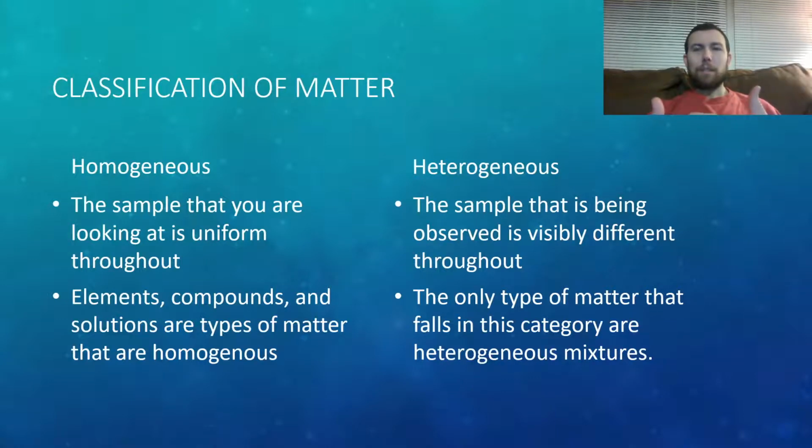The salad was heterogeneous. It had the lettuce, had the croutons, had the cheese, had the tomatoes. There might have been some other things that were in there, but we could visibly see those different parts. Now, when we start talking about matter that's heterogeneous, the only type of matter that's going to fall into this particular category are heterogeneous mixtures.